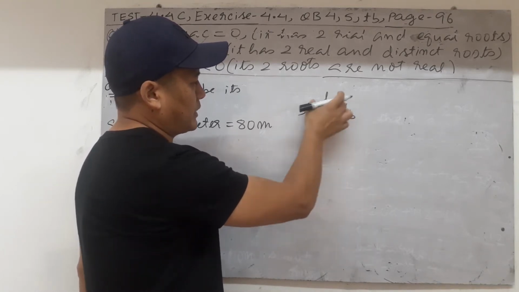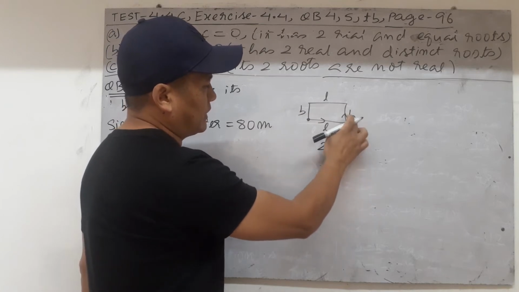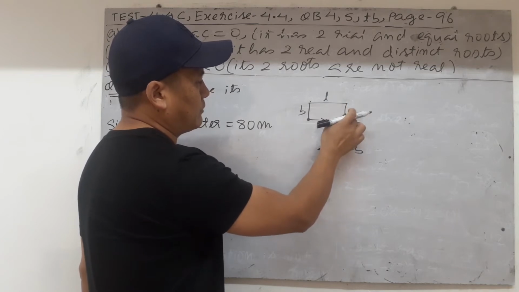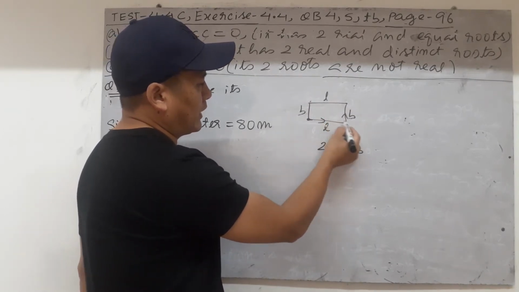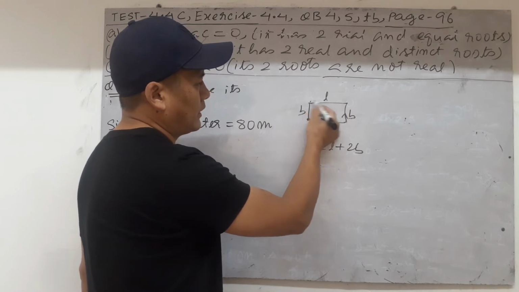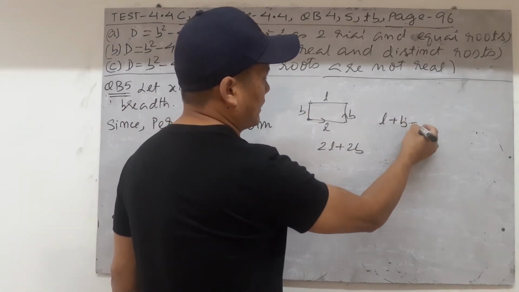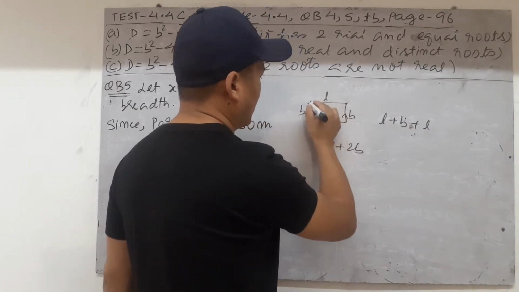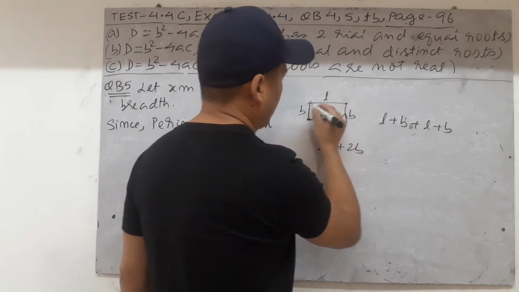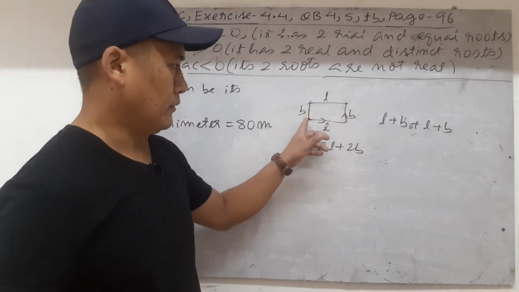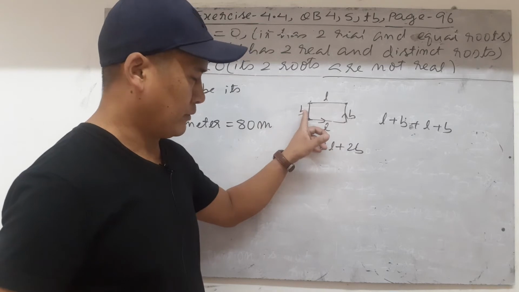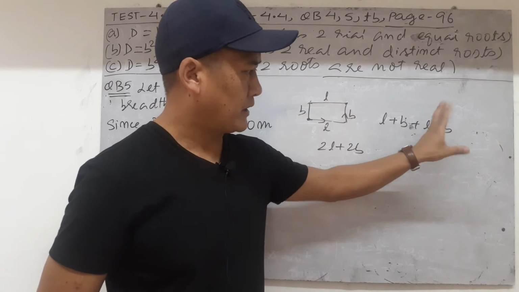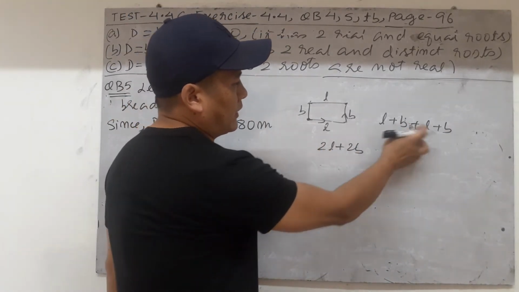So L plus B plus L plus B. To go one time around the boundary, he has to cover this distance, L plus B plus L plus B. So that means 2L plus 2B.